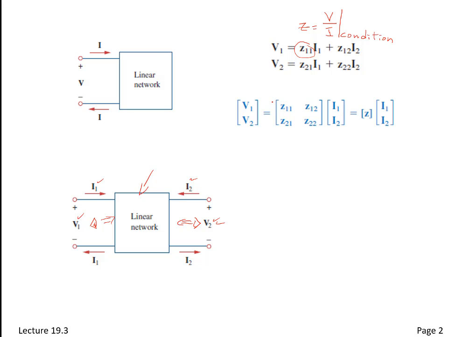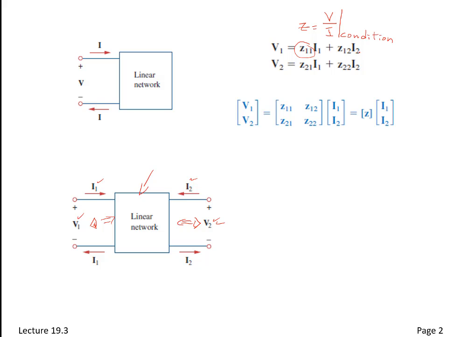All right? And we defined a condition under which we can find each of these four parameters, Z11, Z12. And the way we find that, of course, is to somehow take this first equation, if we want Z11, and somehow eliminate this.